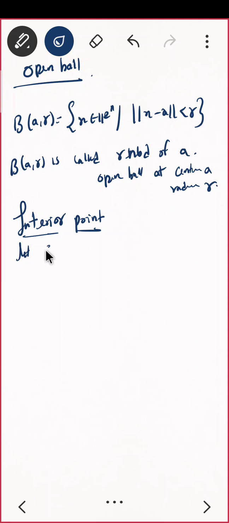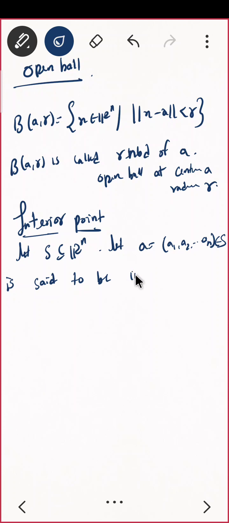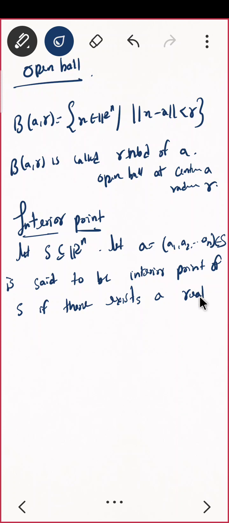Let S be a subset of Rn and let E, equal to (E1, E2, up to En), belong to S. E is said to be an interior point of S if there exists a real number r which is positive such that B(E, r) is contained in S. What do you mean by this?